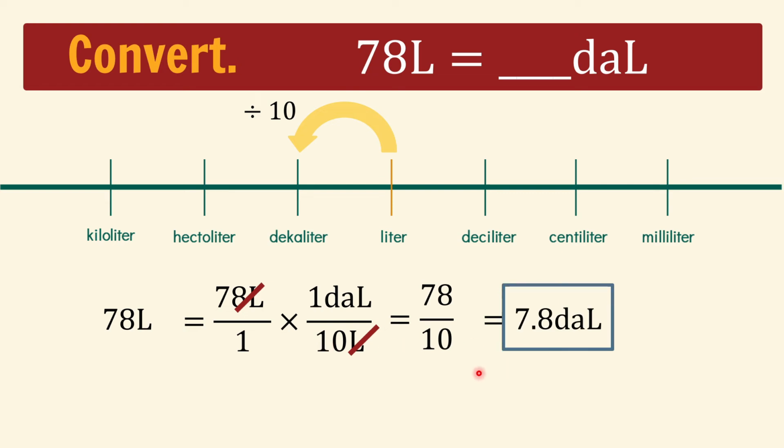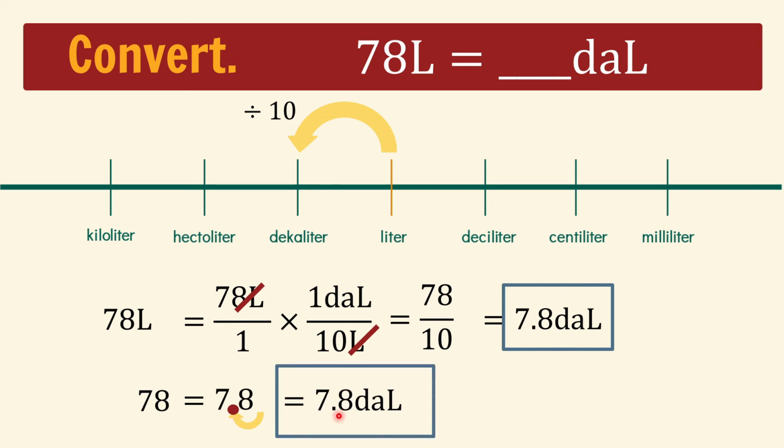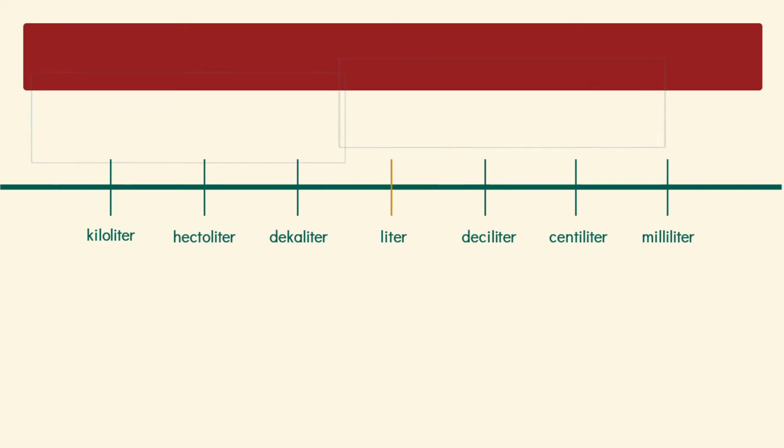Using the shorter way, by moving the decimals, all we need to do is to move the decimal point of 78 once to the left. This is because we are dividing 78 by 10, and 10 has one zero. So 78 liters is equal to 7.8 decaliters.